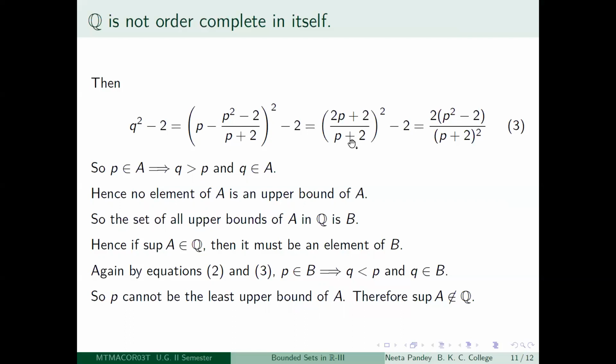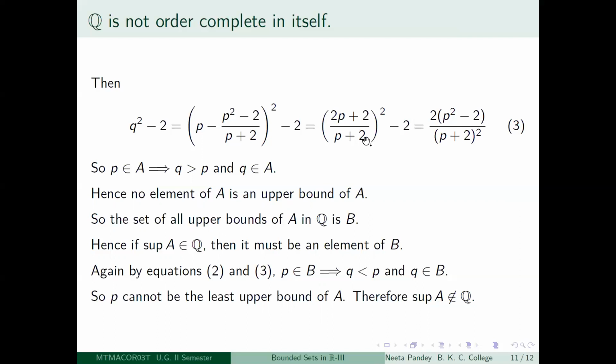Now you expand. In the denominator you will get (p plus 2) whole squared, so that is there, and in the numerator here you will get 4p squared plus 8p plus 4, and here you'll get minus 2p squared. So let us do one by one. Here you are getting 4p squared and you are getting minus 2p squared from here, so you are left with 2p squared. Then here if you expand you are getting 8p, and what will you get here?